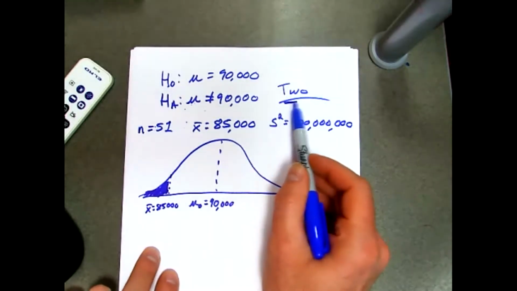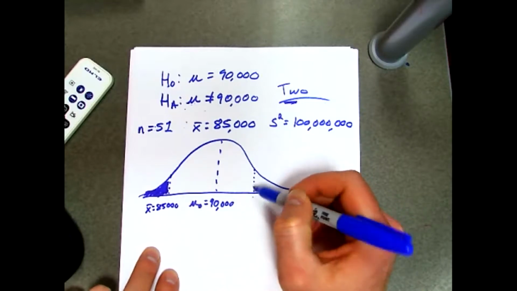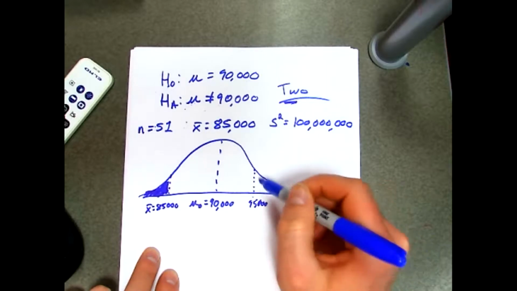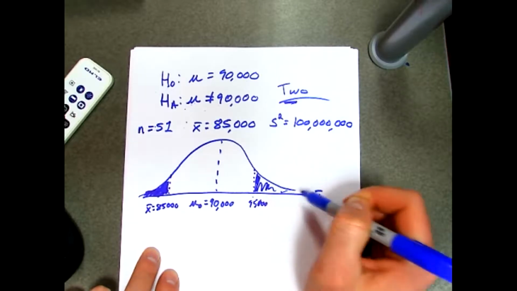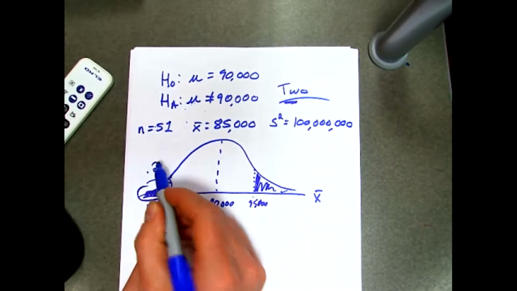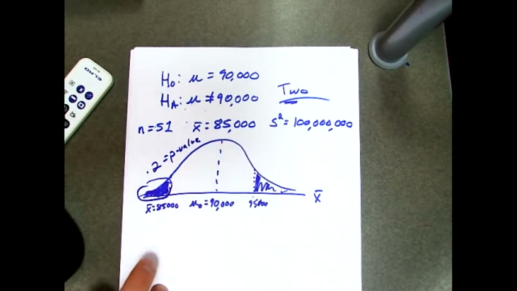However, I've got a two-tailed test, so it would have been equally as likely for me to see something that was 5,000 away, but on the other side, or anything even further than that. So once I find this area, I still need to then multiply it by 2 in order to get my p-value. That's just the setup, right?